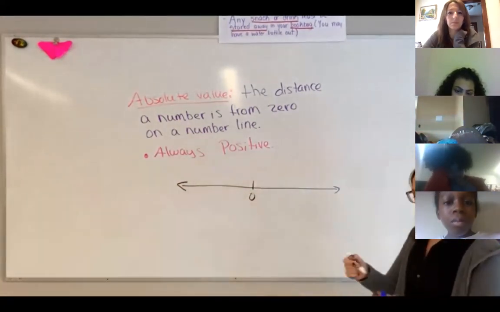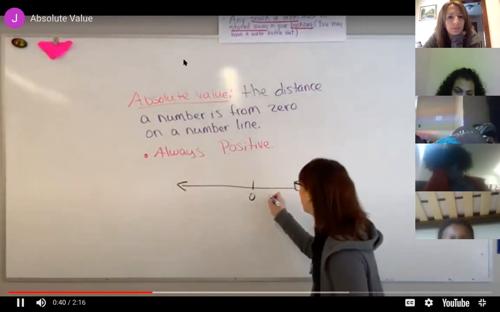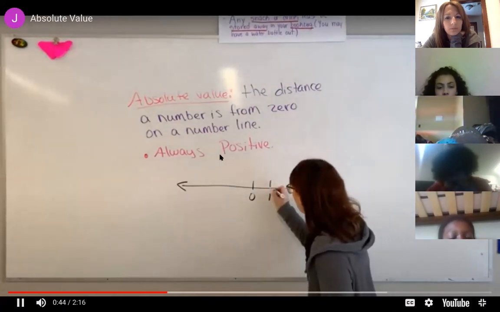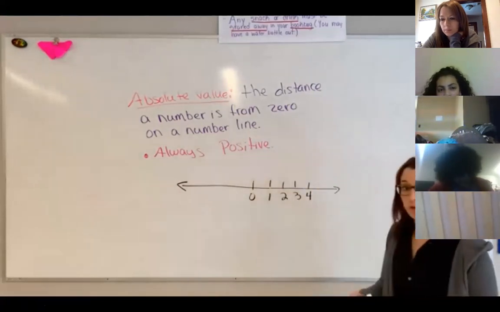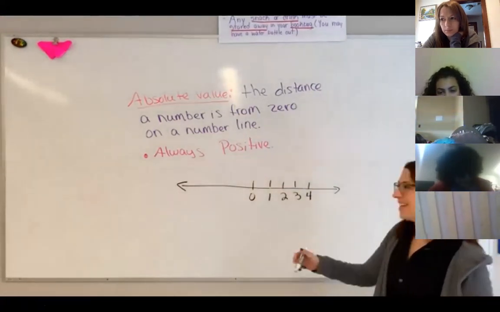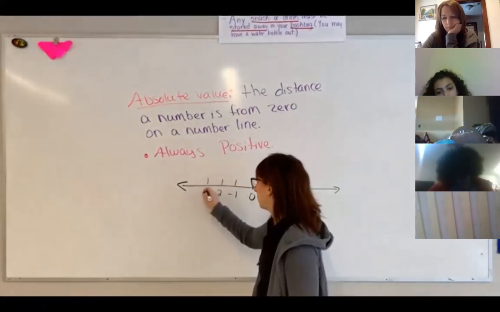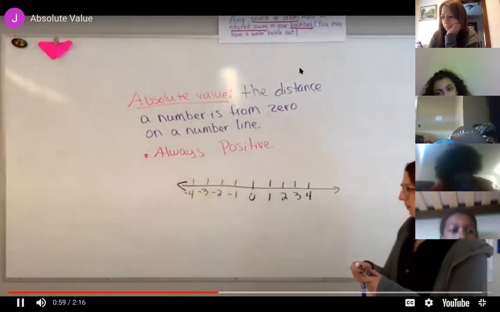To the right of 0, we have our positive integers, numbers greater than 0. 1, 2, 3, 4, and so on. To the left of 0, we have our negative integers, -1, -2, -3, -4, and so on.